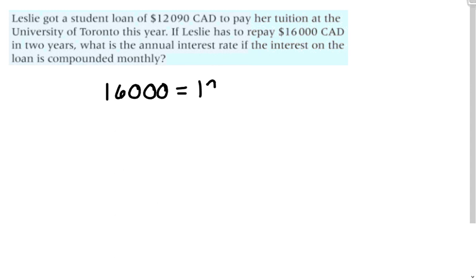She started with a loan of $12,090. 1 plus, because that money's going up, the interest rate, which we don't know, divided by 12, because that annual interest rate is going to be split up into 12 equal interest rates, not payments, rates. And then it was for 2 years, so it's going to be to the 12 times 2 power.